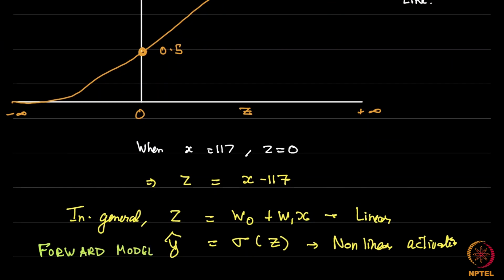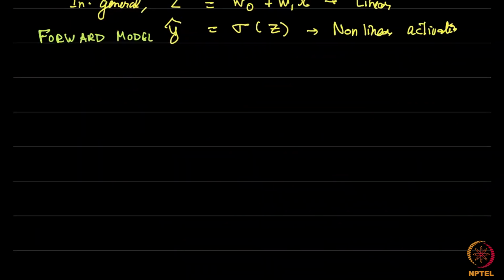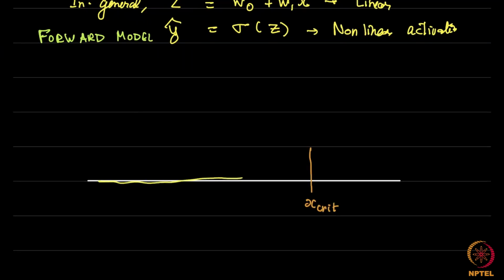See, in general, when you have only one variable, you will always have this situation. You have something like this, and you have some critical point. Let's call this X critical, where you want to make this jump between a failure and a success. So you could have something like this: failure, failure, failure, success.